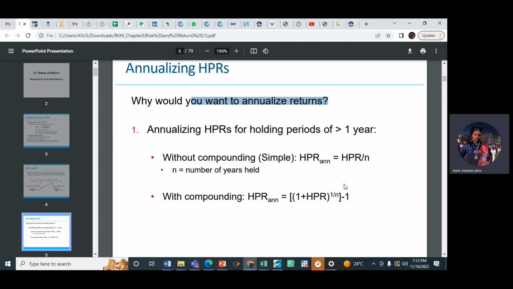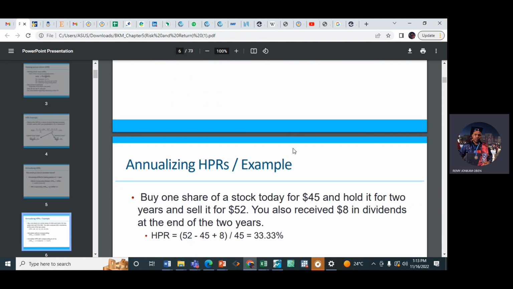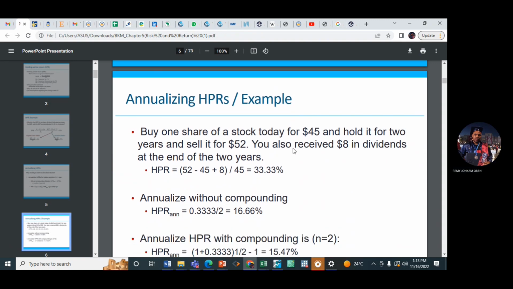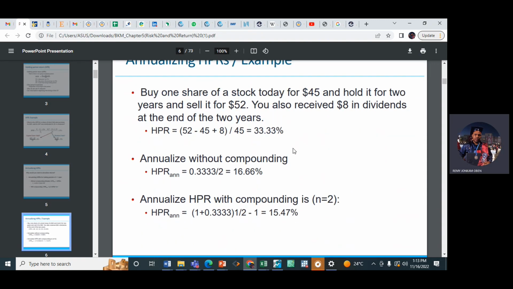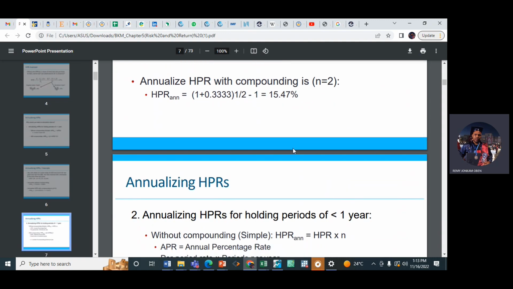But in order to compare returns, you try to look at them from an annual perspective. So you annualize them. This is an example in the slides. Those who are taking this 503 course, you can read the slides. There's a way you can annualize it by compounding, by discounting, all those kinds of things.